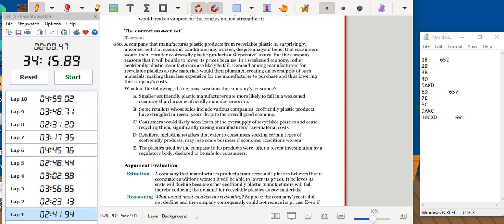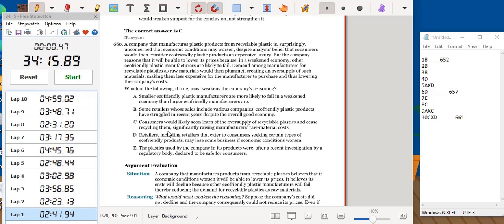The correct answer is C, which says consumers would likely soon learn of the oversupply of plastics and cease recycling them, significantly raising manufacturers' raw material cost.